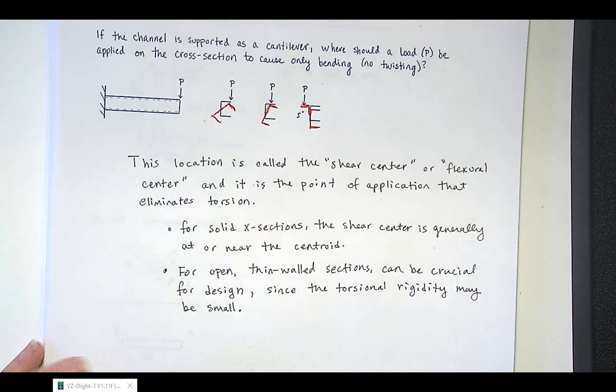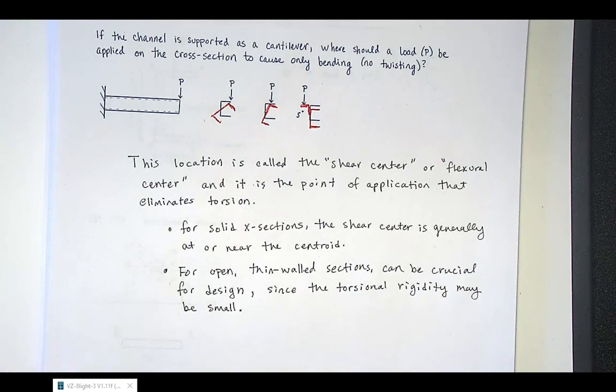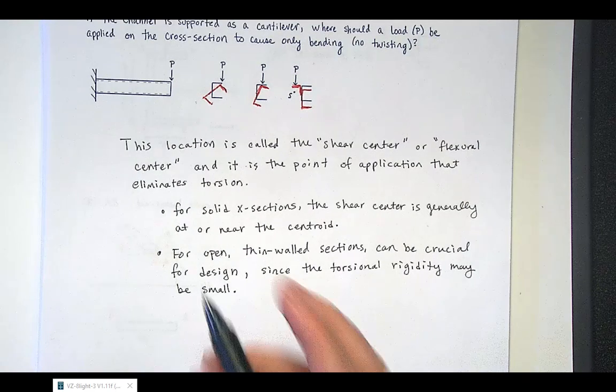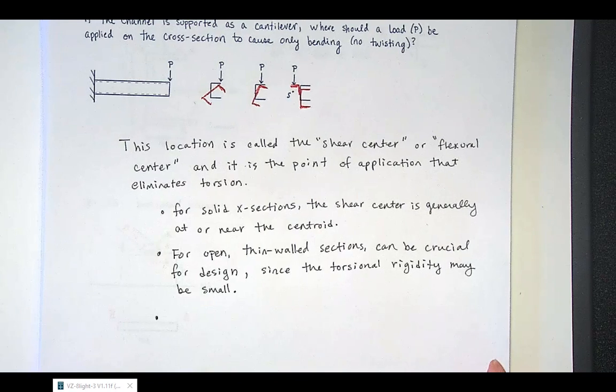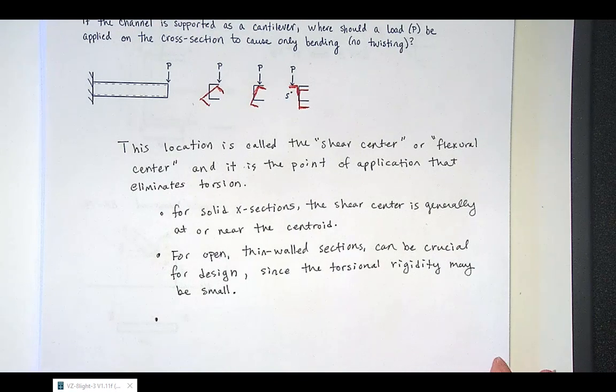So that's especially true whenever the torsional rigidity is very small, which is often the case in these types of sections. Now, the exact location of the shear center is based on the distribution of the shear stress. Specifically, it's the point about which the moments from all of the shear forces in the cross section sum to 0.